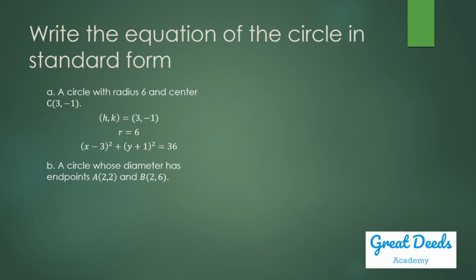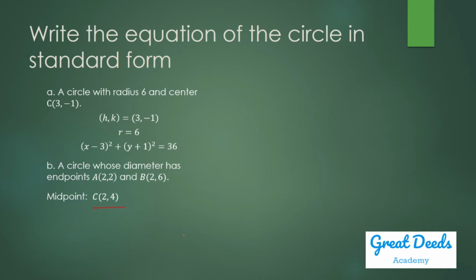The x coordinate is going to be 2 plus 2 all over 2. That is just 2. And 2 plus 6 all over 2, that is 4. So the coordinates of your midpoint, which happens to be the center of your circle, is (2, 4).